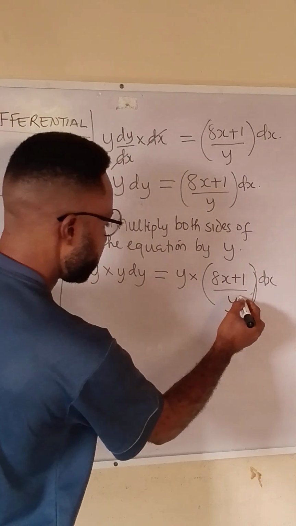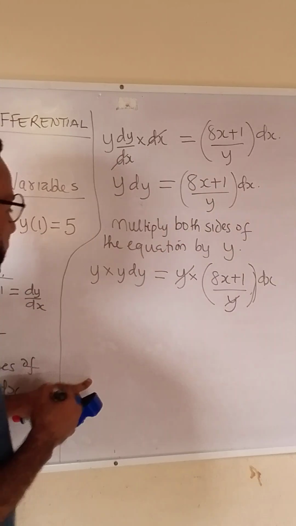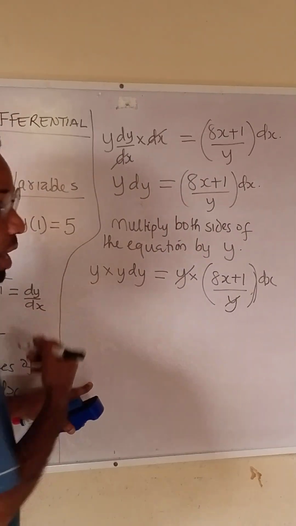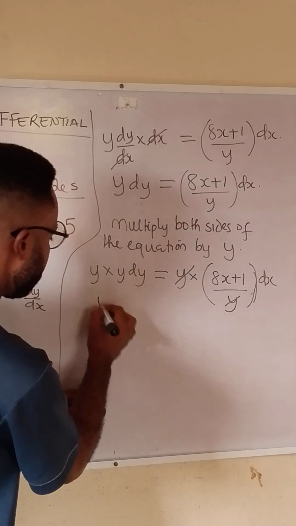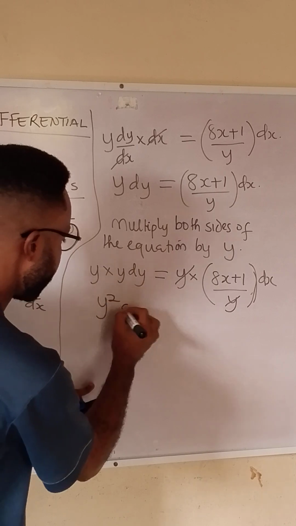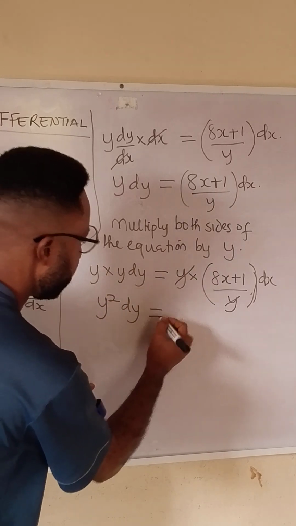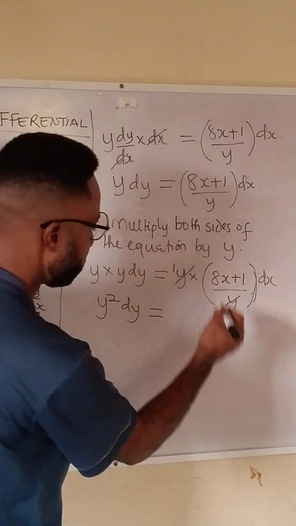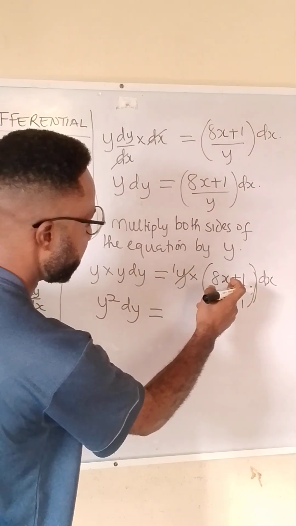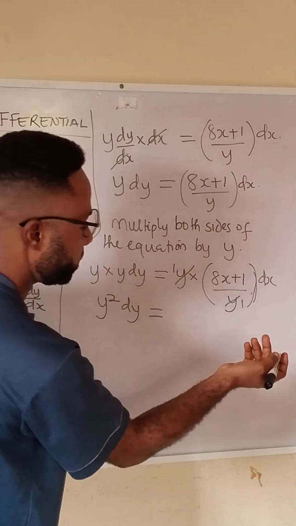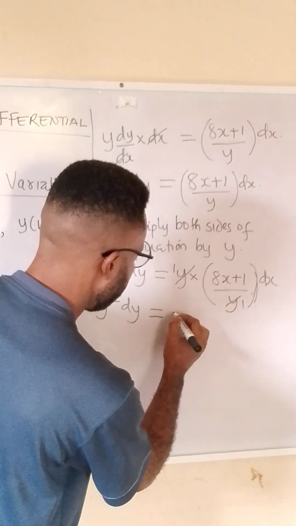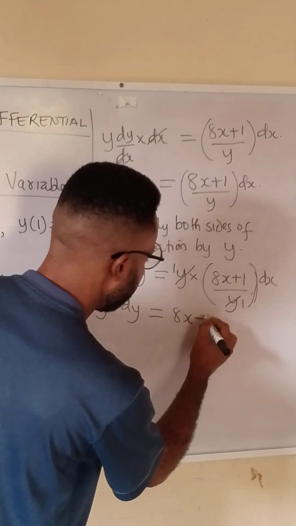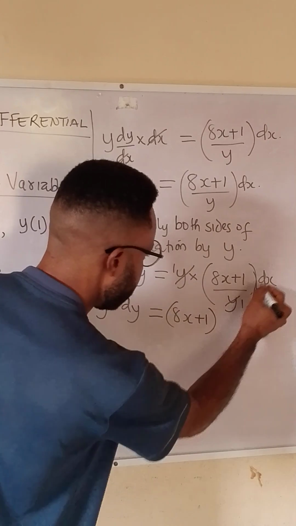And so when you cancel out the y here, we have y dy equal to 8x + 1 in dx.